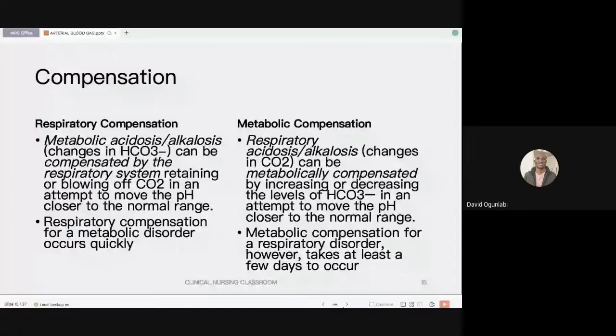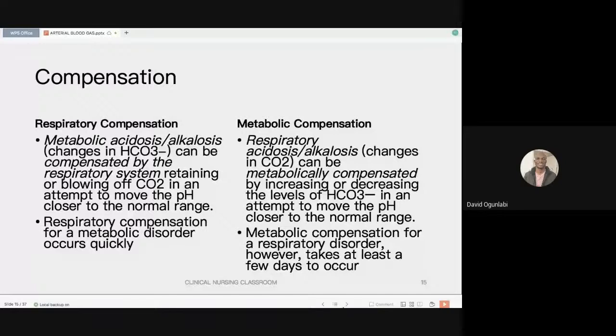The same thing is here. If there's a problem with the respiratory system, maybe a patient is having problem with respiration and is retaining a lot of carbon dioxide, and that is making the blood become more acidotic. The metabolic system will sense it: oh, the respiratory system is in problem, I need to come and rescue.